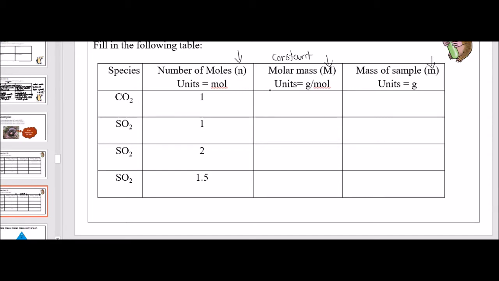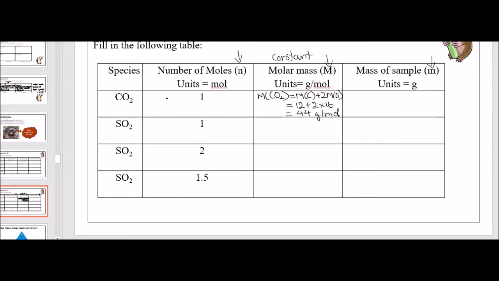a small sample. So if I had the number of moles, this is CO2, I need to find the molar mass. So once again, the molar mass of CO2, I'm using M here, is the molar mass of carbon plus twice the molar mass of oxygen, which is 12 plus 2 times 16, which is 44 grams per mole.